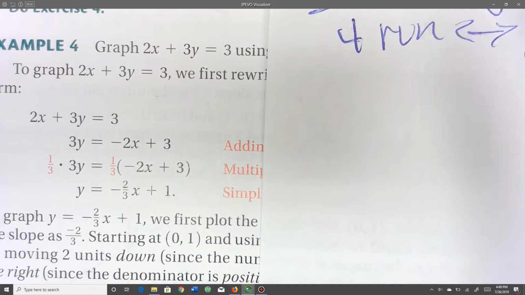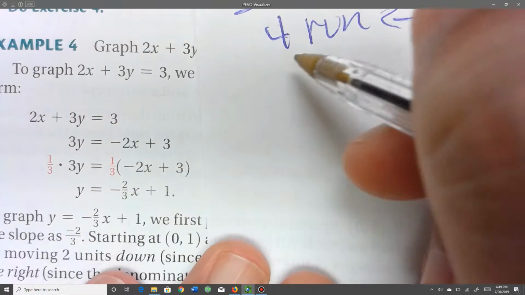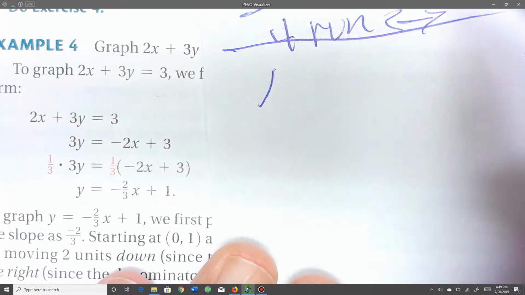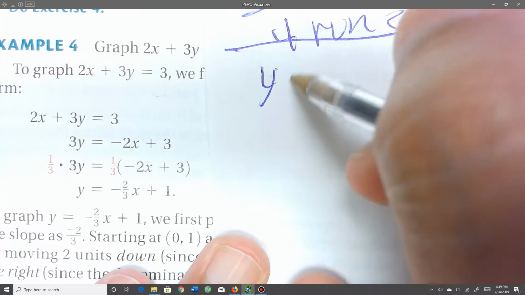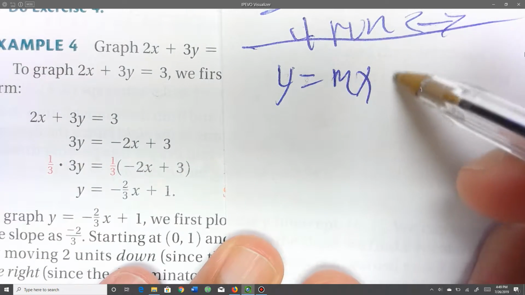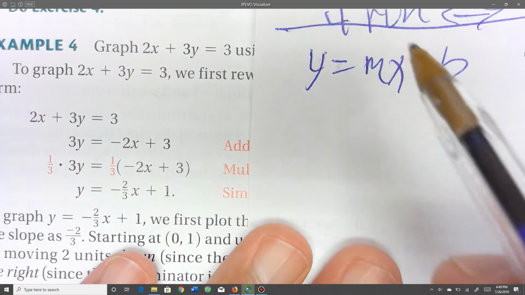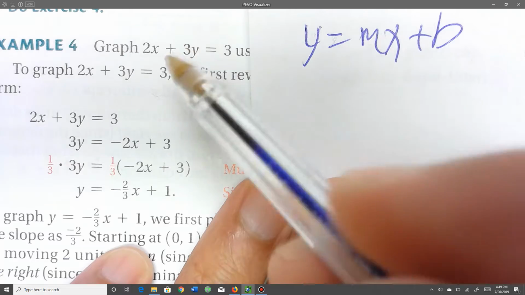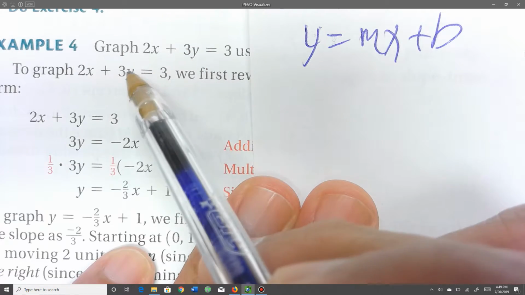This equation is not in slope-intercept form, so we need to make it into slope-intercept form. Okay, that's mx plus b. So that means that we need to solve for y.